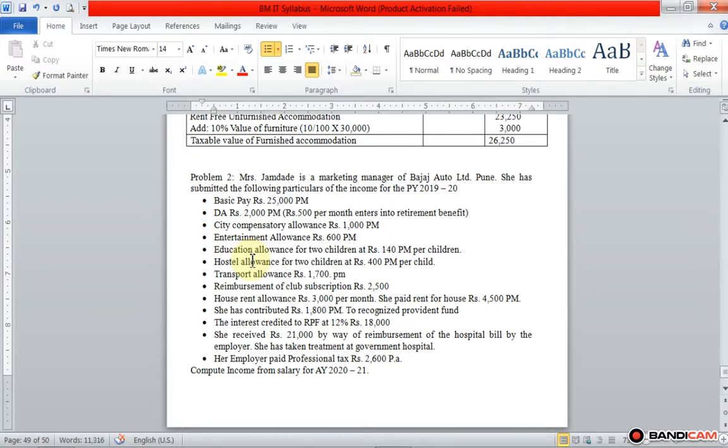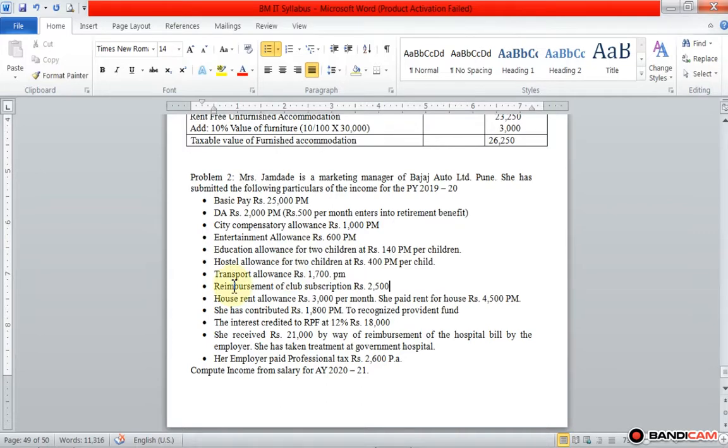Then transport allowance rupees 1700 per month, reimbursement of club subscription rupees 2500, house rent allowance rupees 3000 per month. She paid rupees 4500 as rent of house per month.